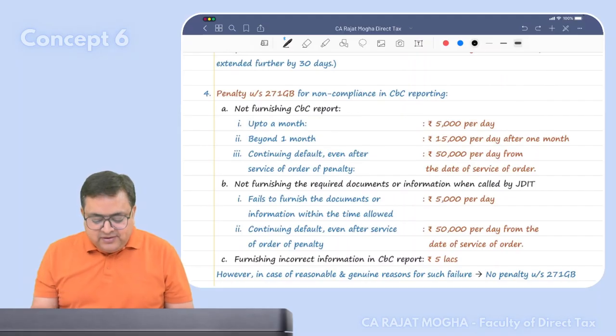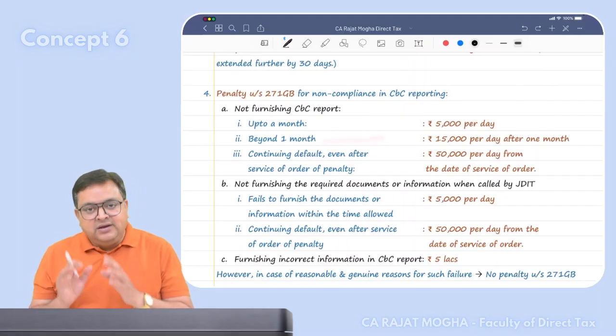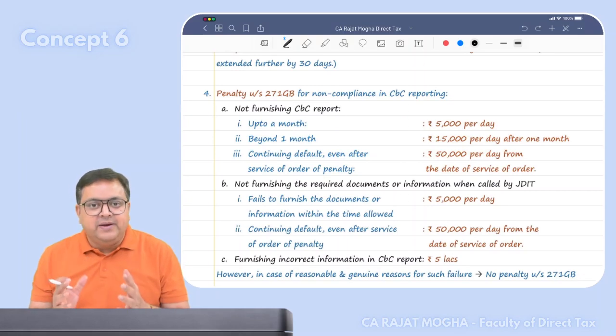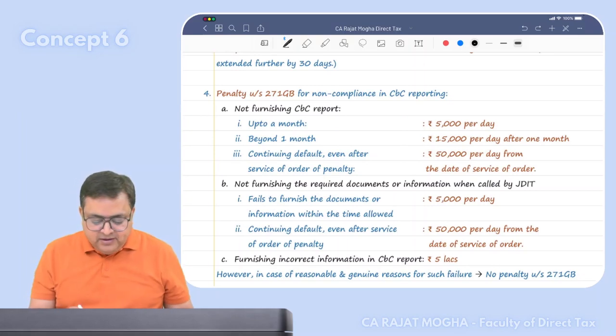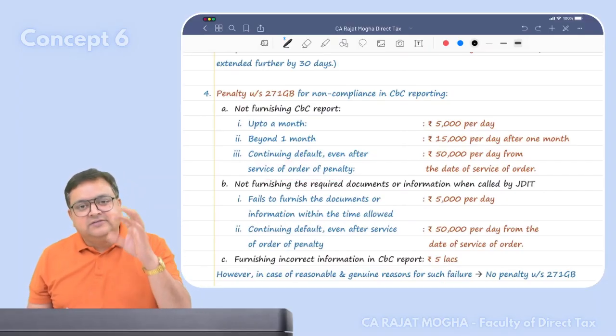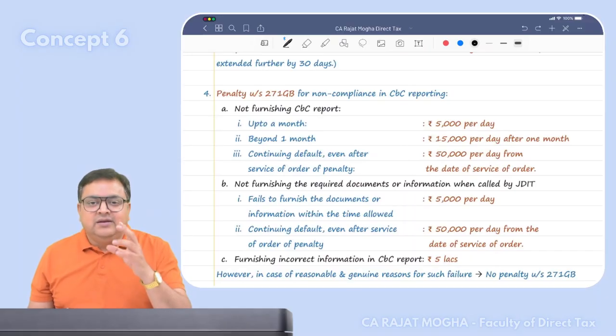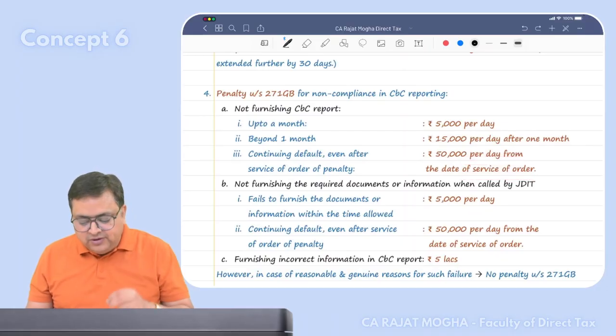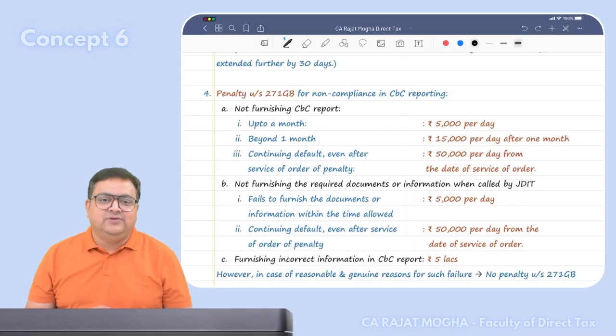And beyond 1 month, 15,000. Let's say we have intimated to you that, boss, you are supposed to pay penalty and still you are not paying penalty. So continuing default, even after service of order of penalty, we have served an order on you on penalty also, and still you are not furnishing it. Then once the order is served on you, from that day, 50,000 per day.